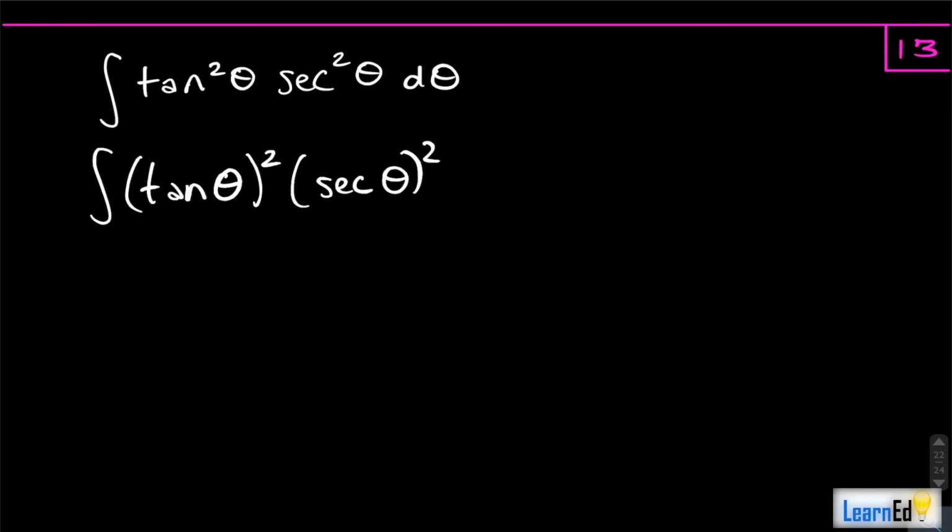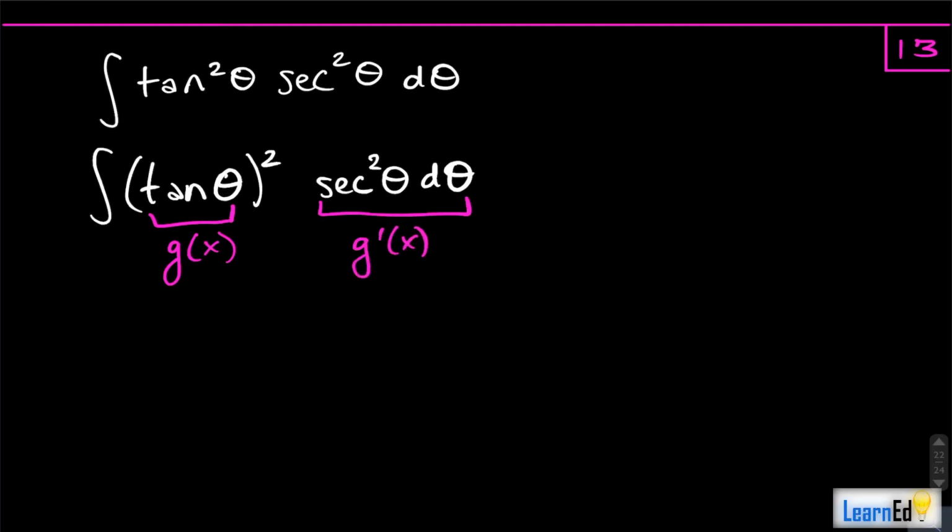And actually, I'm going to leave that as secant squared of theta, and we'll have a d theta here, because that's basically what we're doing here. Our g of x is going to be tangent theta, because the derivative of g of x is going to be secant squared of theta d theta, right?